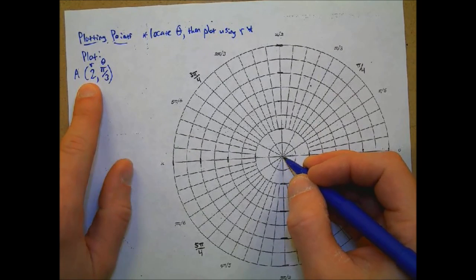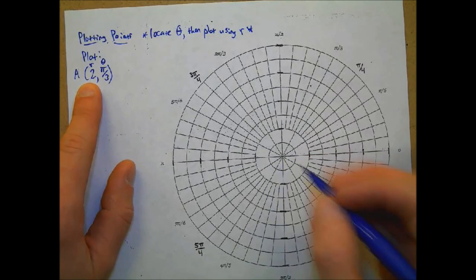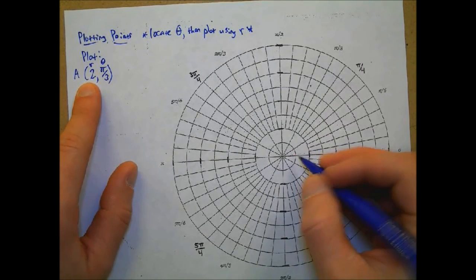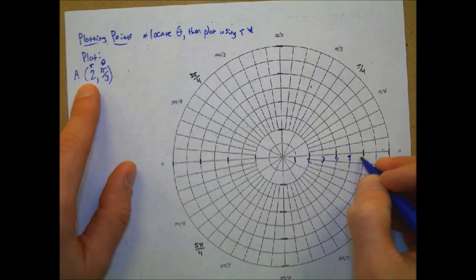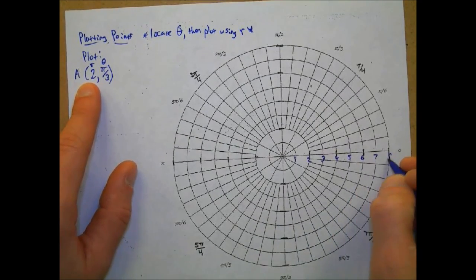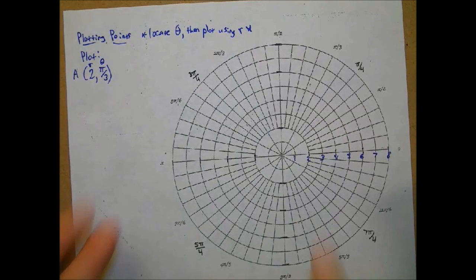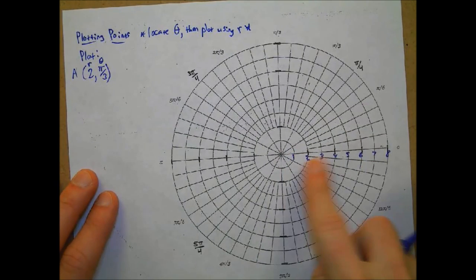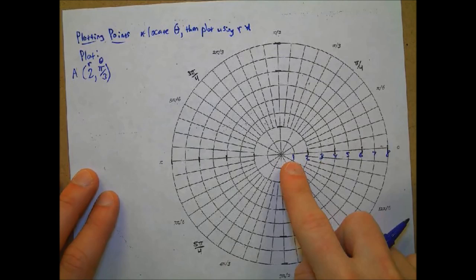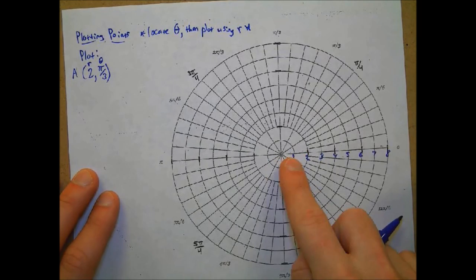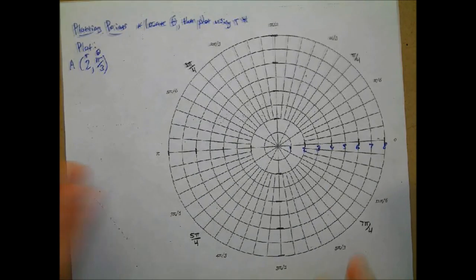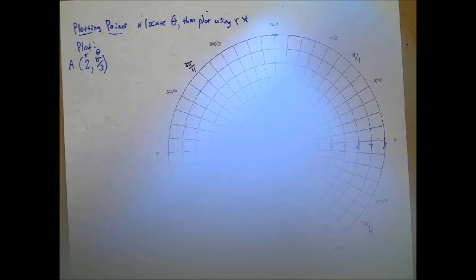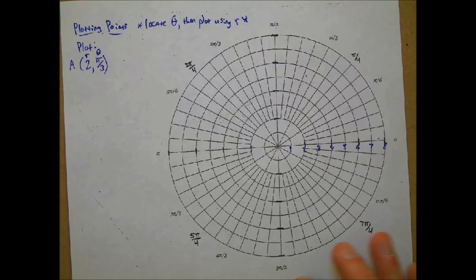Now let's see. I'm going to count each one of these rings as 1. So that's 1, 2, 3, 4, 5, 6, 7, and 8. Each ring counts as a unit radius: a radius of 1, then 2 radiuses, 3 radiuses, and so on.